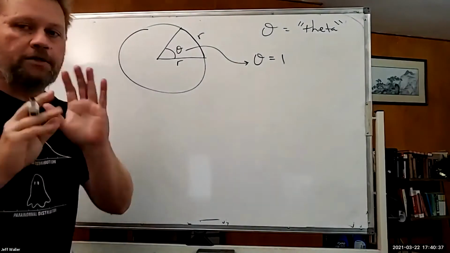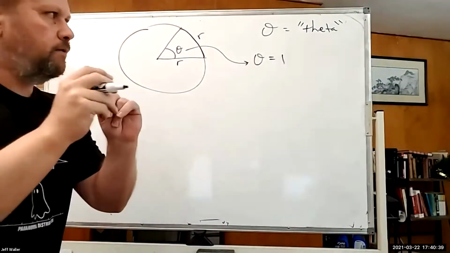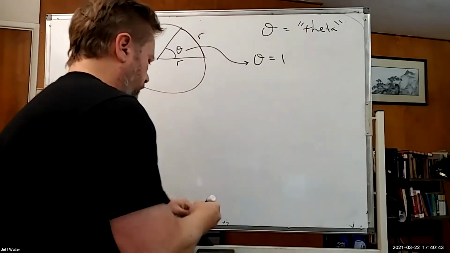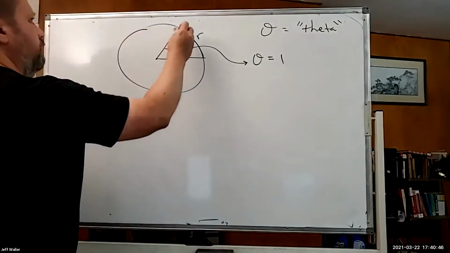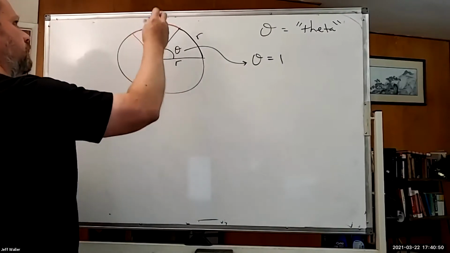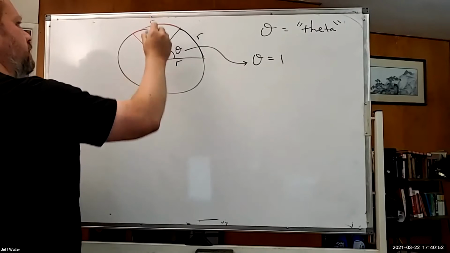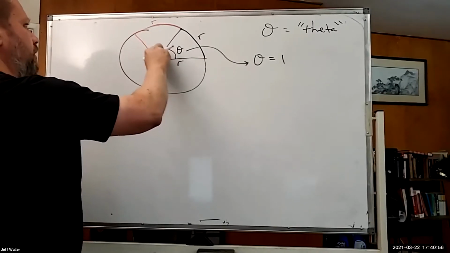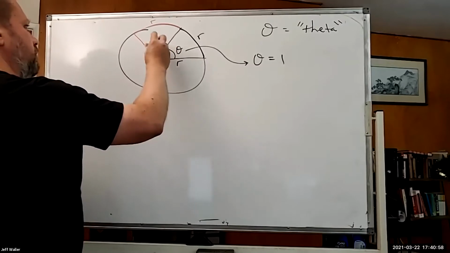Okay. But in general, what does that mean? What if I put 2 radii down? Let me show you another symbol we could use. So this is another radius amount here. What would this angle be? Let me use the symbol alpha.